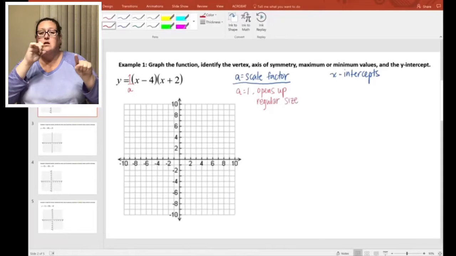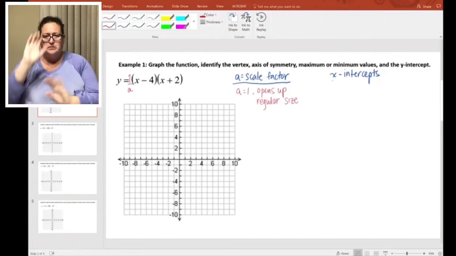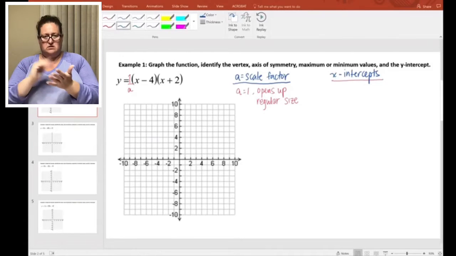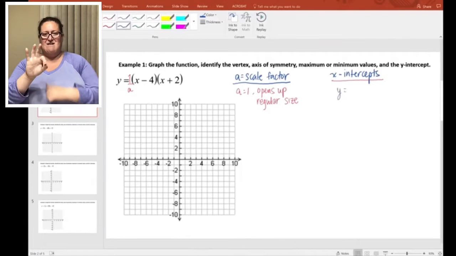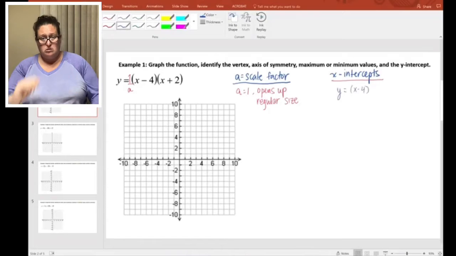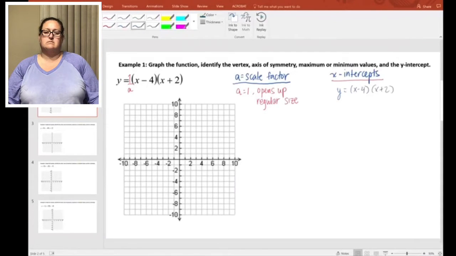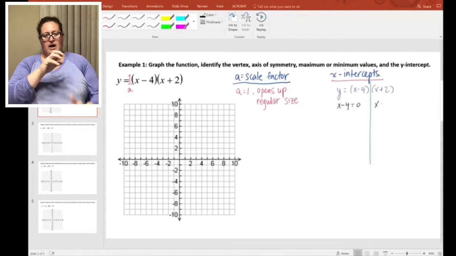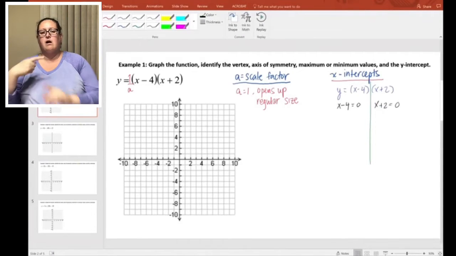In regards to the x-intercepts, I want to rewrite the function and then set each factor equal to 0. Right now, I'm just setting them equal to 0, x minus 4 equals 0, and x plus 2 equals 0.